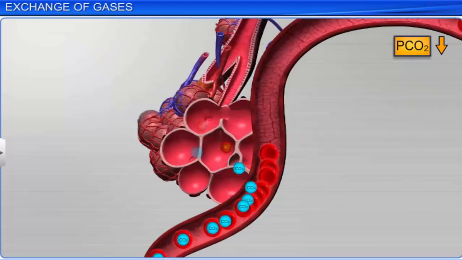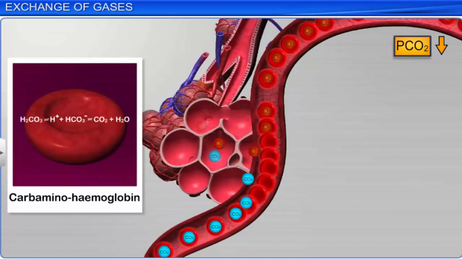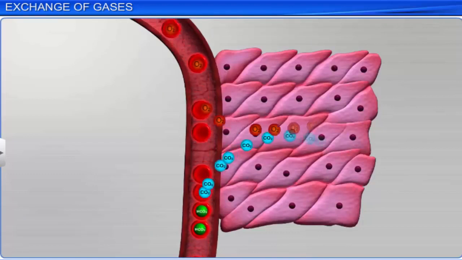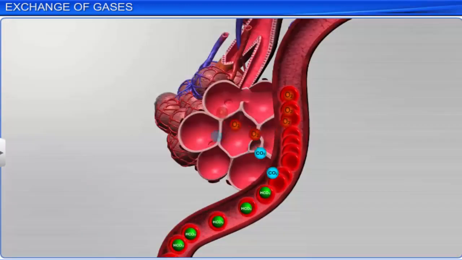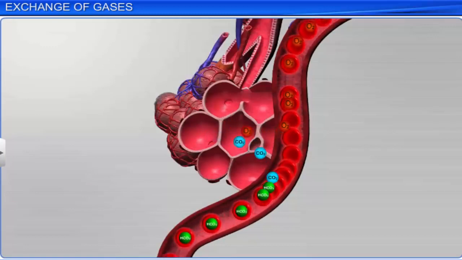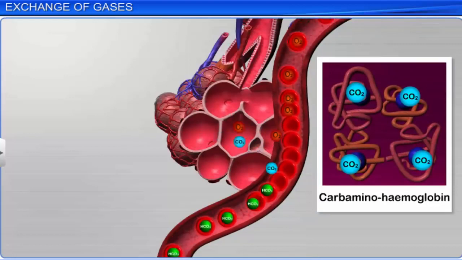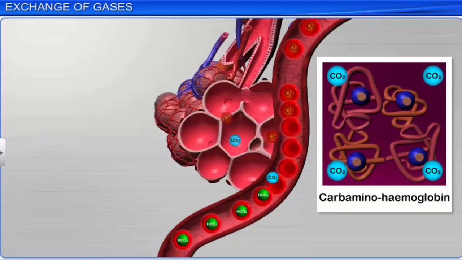In alveoli, where partial pressure of carbon dioxide is low, carbon dioxide and water are formed. Thus, carbon dioxide, trapped as bicarbonate in red blood cells, is transported to the alveoli and released as carbon dioxide. For every 100 milliliters of deoxygenated blood, hemoglobin releases approximately 4 milliliters of carbon dioxide to the alveoli.